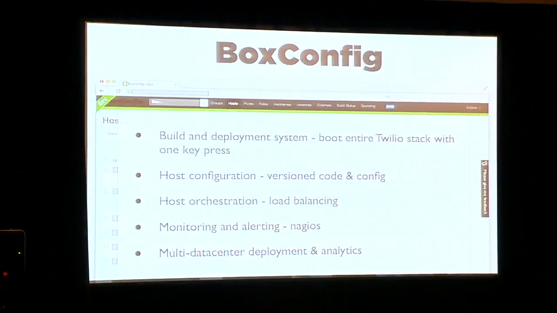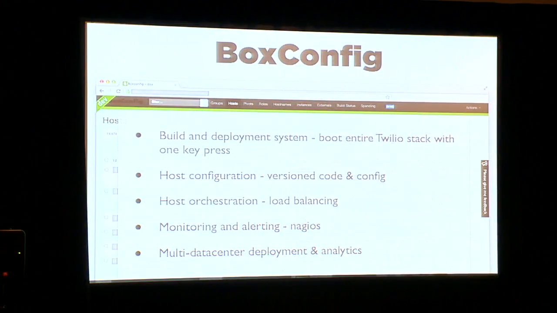We use Nagios for monitoring and alerting of the running hosts. We use local HAProxy instances for load balancing, like I gave in the database example. And this ultimately lets us do multi-center deployments and analytics with a single click of a button.